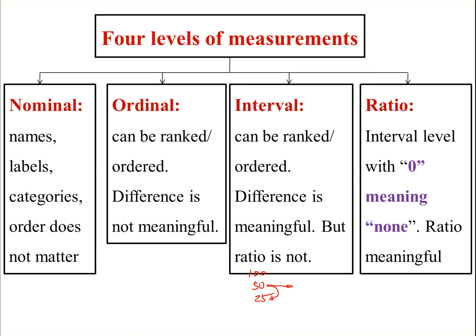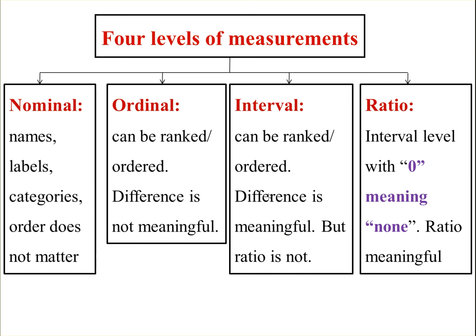Does it mean 50 degree feels twice as hot as 25 degree? Or 100 degree is twice as 50? The difference is meaningful because you know 100 is 50 degree more than 50, and 50 is 25 degree more than 25. But the ratio, we cannot tell. Ratio is not meaningful. Is 100 degree twice as hot as 50 degree? We don't know. This doesn't make any sense.